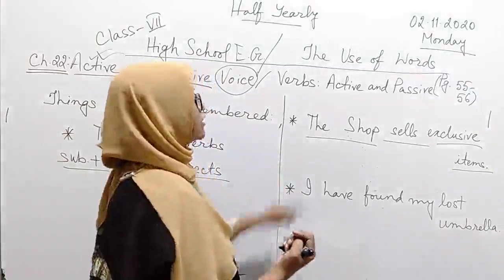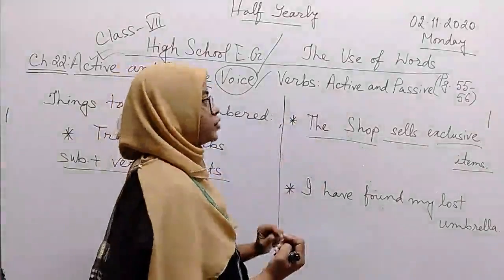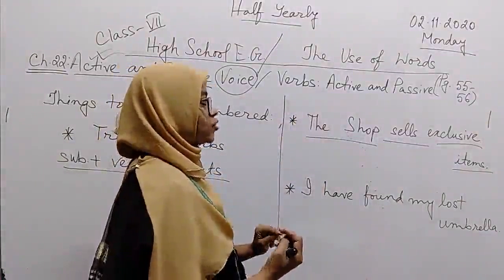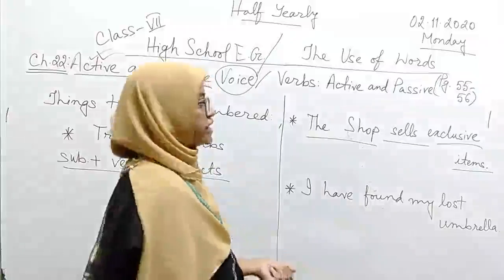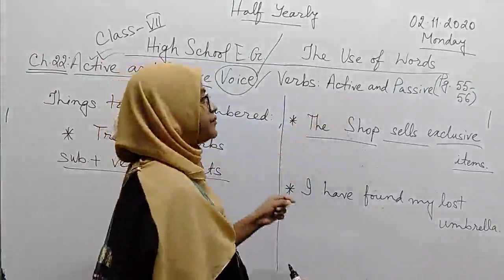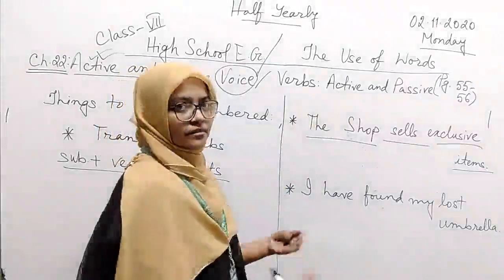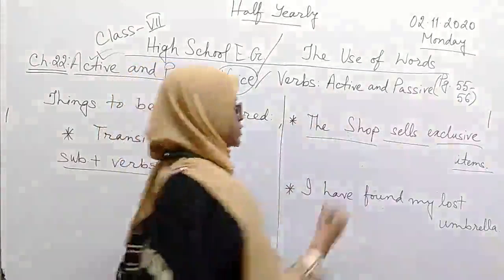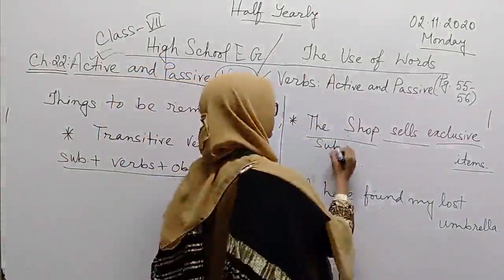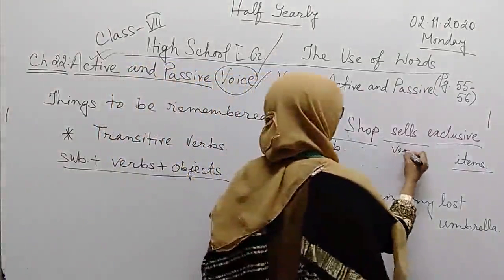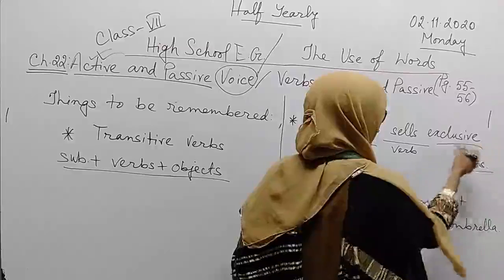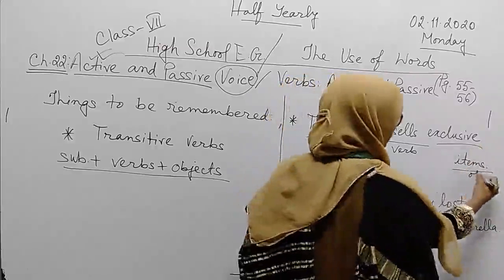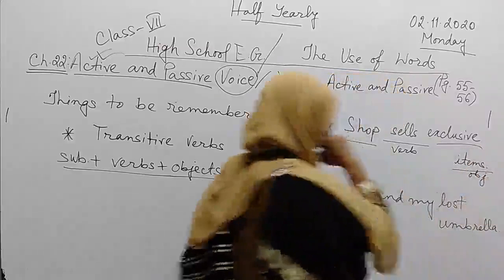We are now talking about active and passive voice, but in order to learn how to change from active into passive, we must remember to identify these things. So this is the subject, this is the verb, and this, exclusive items, is the object.